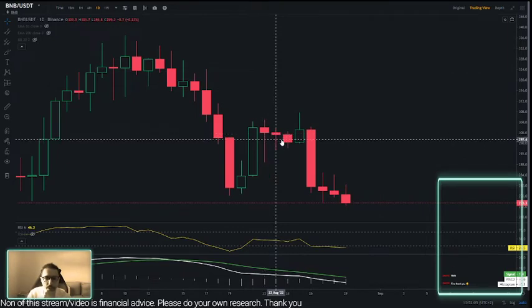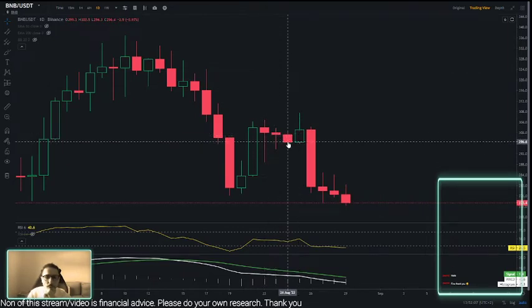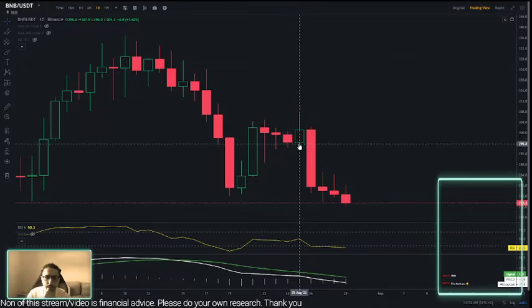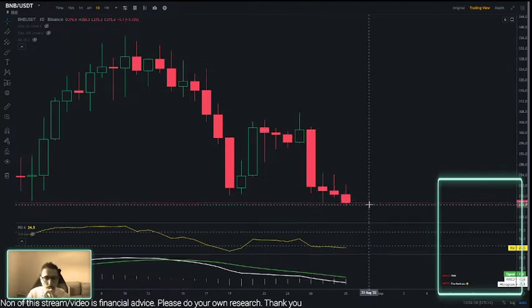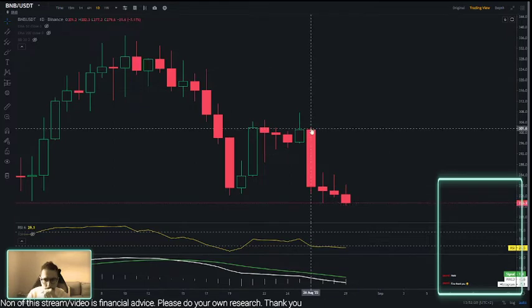So 3 red candles, 3 soldiers, then a green one, which could happen, but that does not cover up for all the ground lost before, and then we are still going downward. And this might be something that could happen.